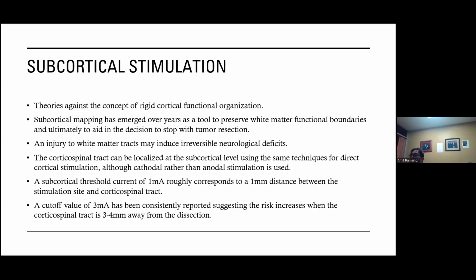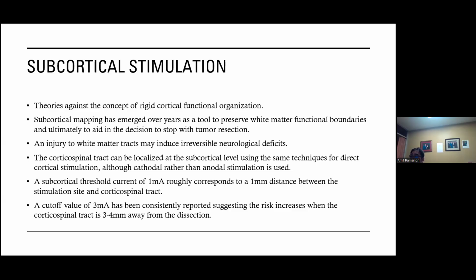Essentially, what this means is that you have different areas of overlap and different areas that may subserve the same function. So subcortical mapping has emerged over the years as a tool to preserve our white matter functional boundaries and aid in the decision as to when to stop tumor resection.